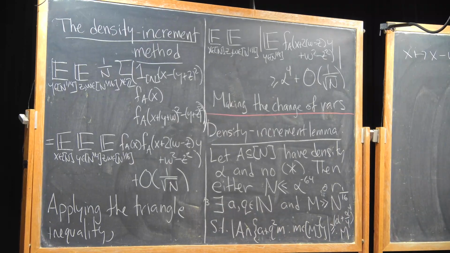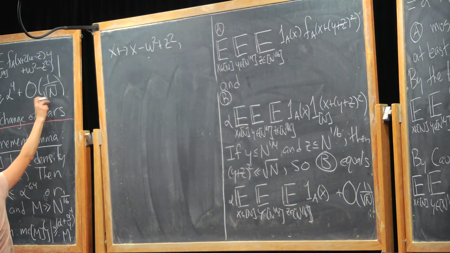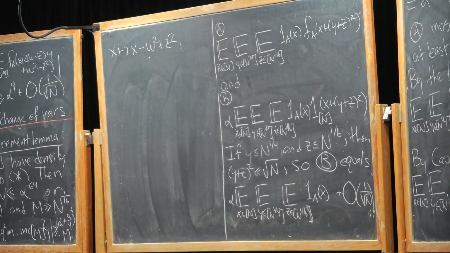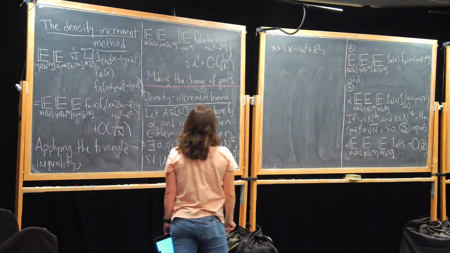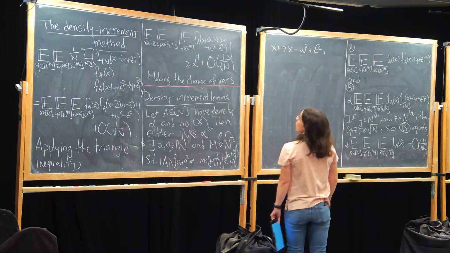Then again we'll introduce an error actually smaller than the big O of 1 over square root of n, because w squared minus z squared is on the order of at most the 8th root of n.